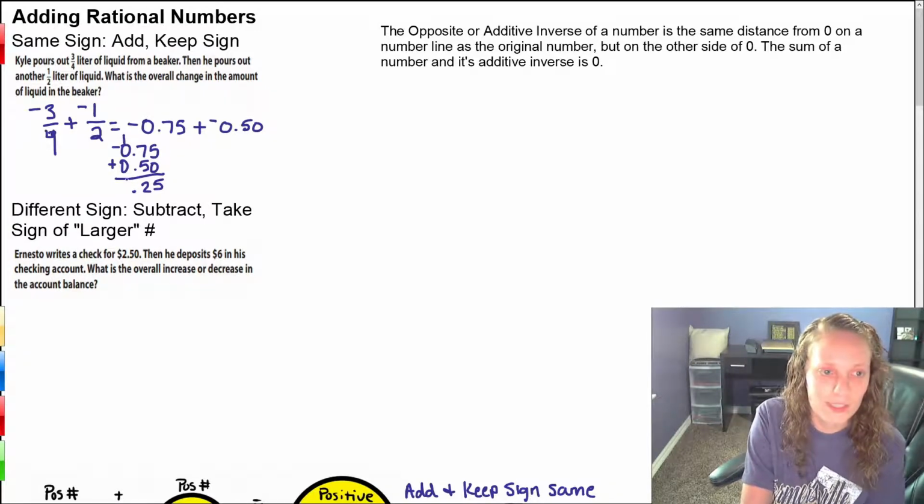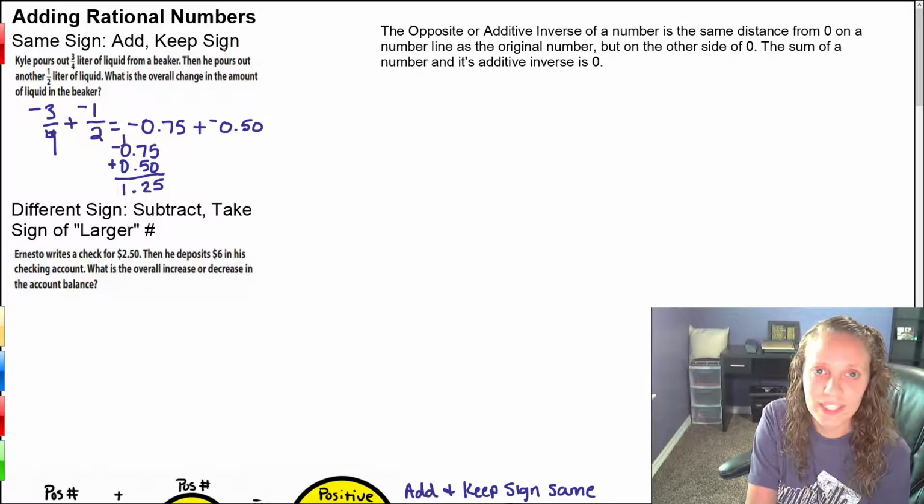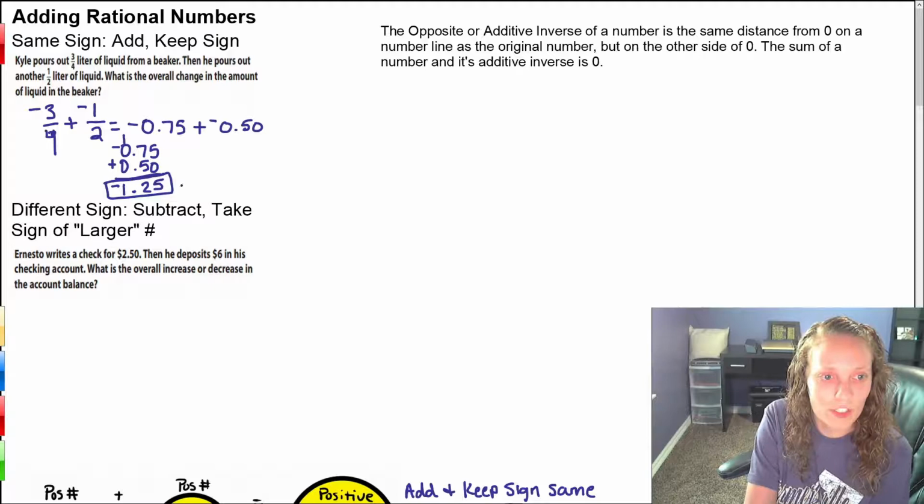And then 1 plus 0 is 1. We added them together. The signs are the same, so we need to keep the sign negative. So the amount that was poured out of the beaker was -1.25 liters.